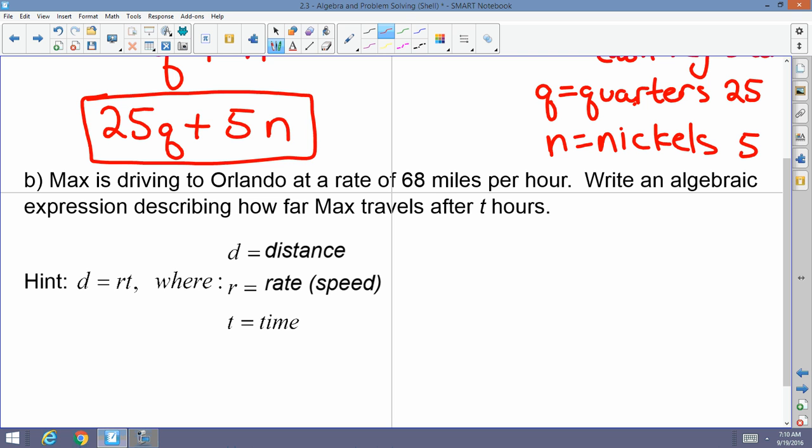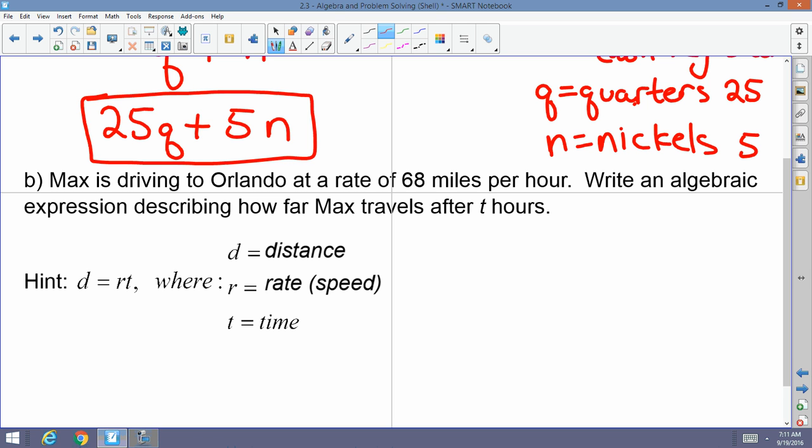Distance D equals R, which is rate or your speed, times time, T. Okay? So in this particular case, I want an expression. But in order to write the expression, I'm going to use this equation. We know that the rate, okay, Max's rate is 68 miles per hour. I want to write an expression describing how far Max travels after T hours.